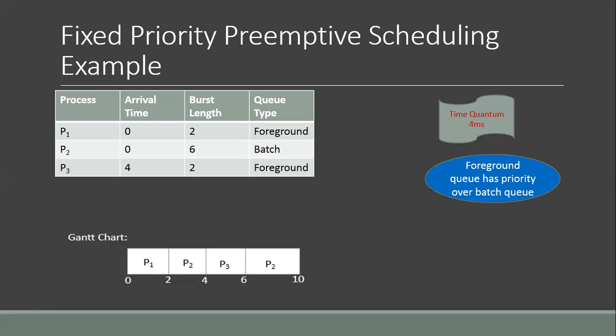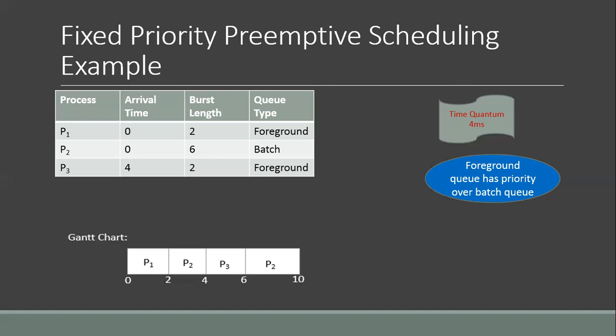While process P2 is in execution, process P3 arrives in the system at time 4. Now, this process arrives in the foreground queue. And because the foreground queue has priority over the batch queue, the batch process will be preempted. Control will be taken back from the batch process and given to process P3.